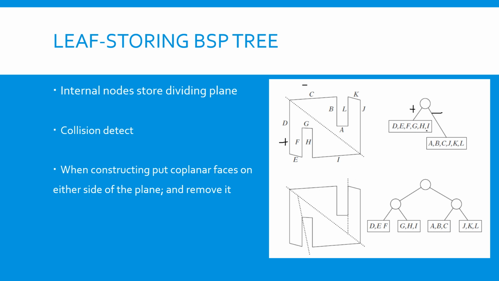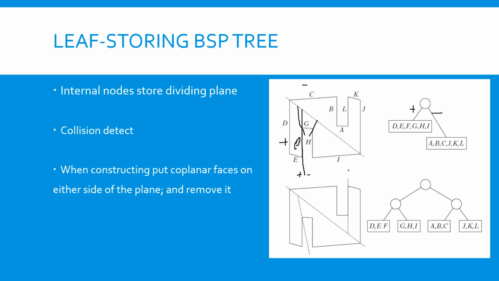Further on, we can divide this part using some other plane. The example uses this plane, but we can use another one. We can use this, or we can even use a plane like this. If we use a plane like this, the edge F is located on the plane, so if something is located on the plane, we can put it on either the positive or the negative part. That's totally defined by us.